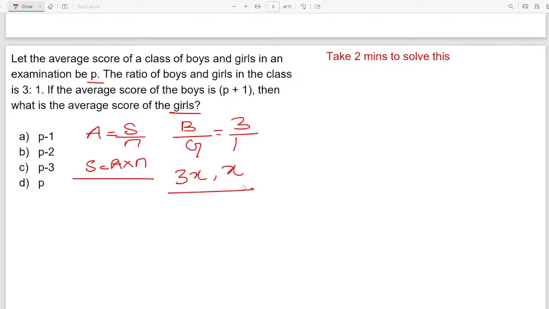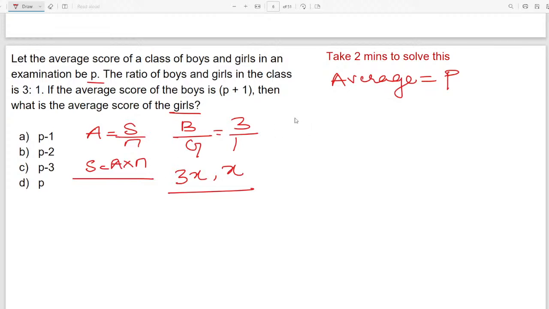This is what we can do. And they are saying that the average score of the class of boys and girls is P. So the average is equal to P, and the sum would be average into the number of terms.